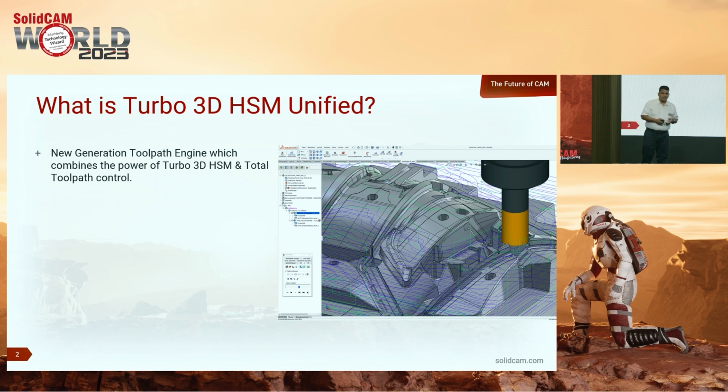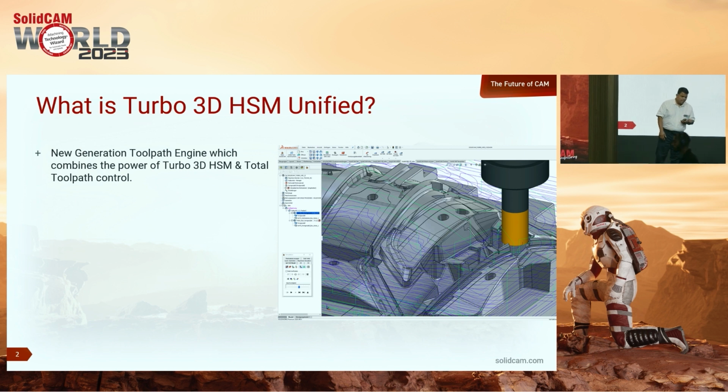We have been testing this engine for the last 1.5 years, putting it through different what-if scenarios, putting a lot of paths through it, and we have come to a conclusion that it's now cooked and ready to release. So we're going to be releasing this pretty soon.